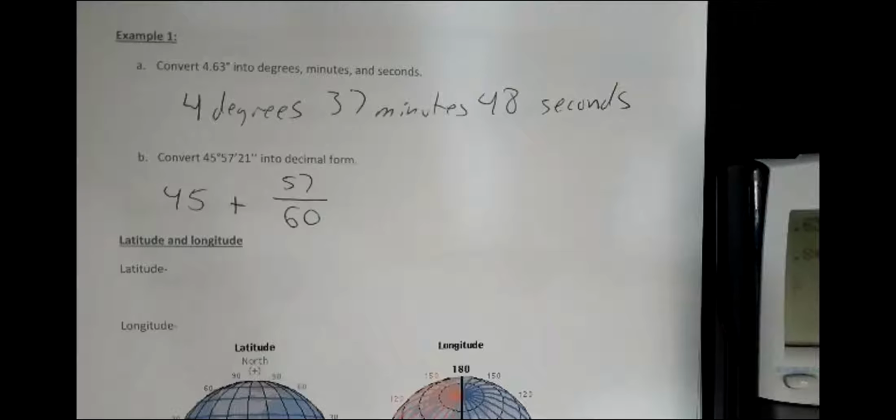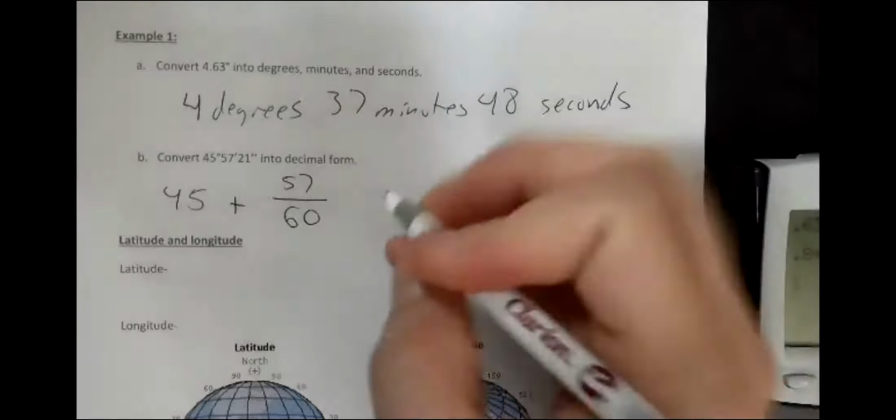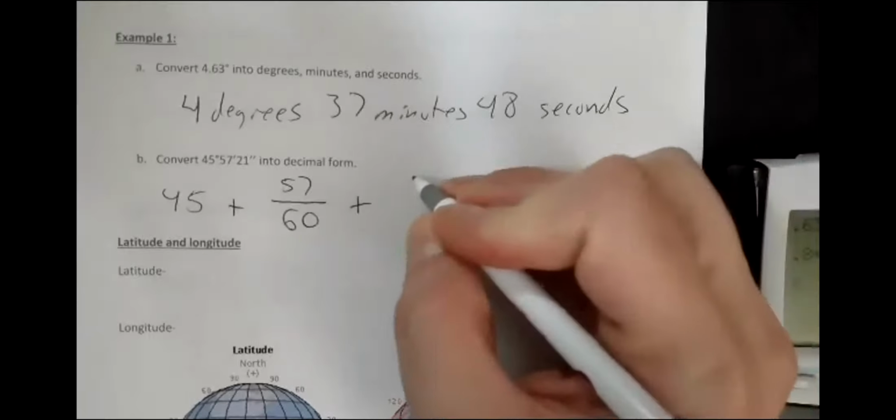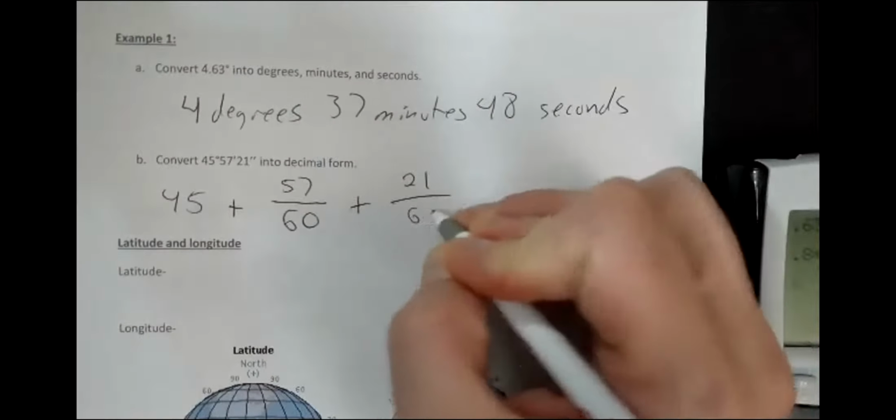So these are not words I say every day. Degrees, minutes, and seconds. It's taking me a minute to go from degrees to minutes without saying hours somewhere in there. But yeah. So 45, 57 over 60. And then I have 21 seconds. 21, I'm going to divide it by 60.